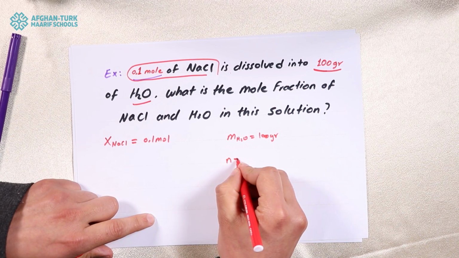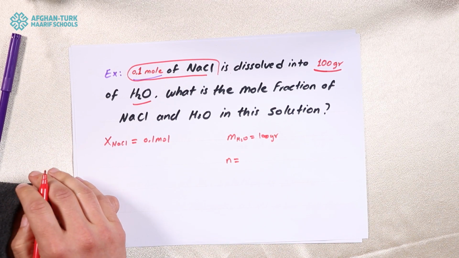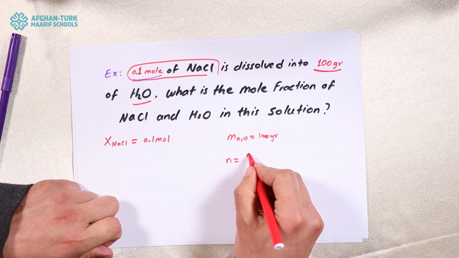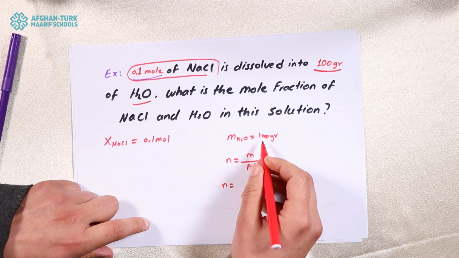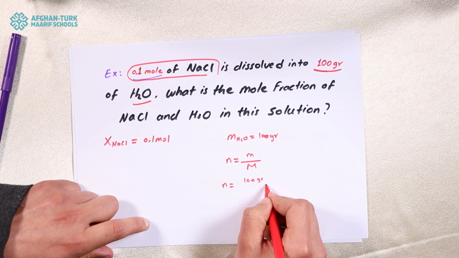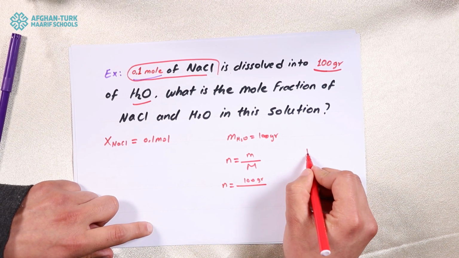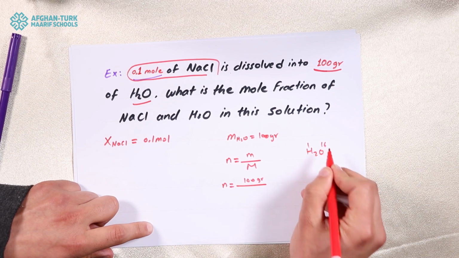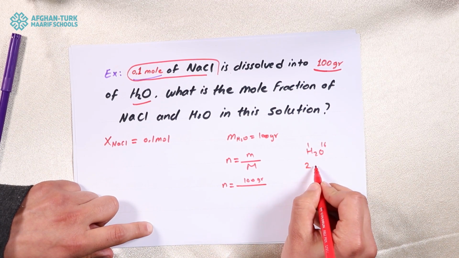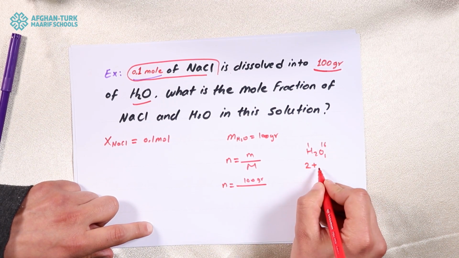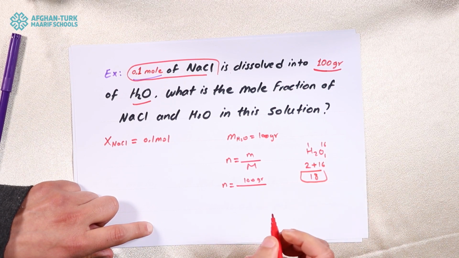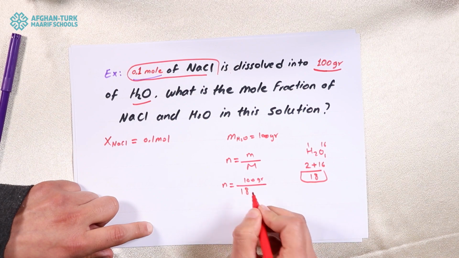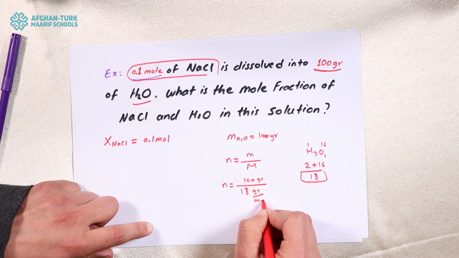What was the formula of mole? According to the mass, we had mass over molar mass. n is equal to what? The mass is 100 grams. What is the molar mass of water? Hydrogen is 1, oxygen is 16. 2 times 1 becomes 2, 1 times 16 becomes 16. If we add them together, it will be 18 grams per mole.